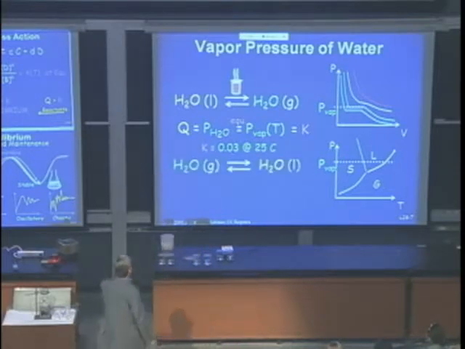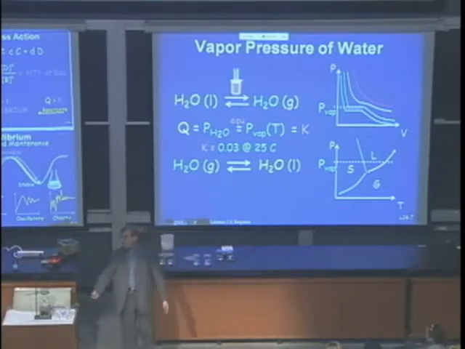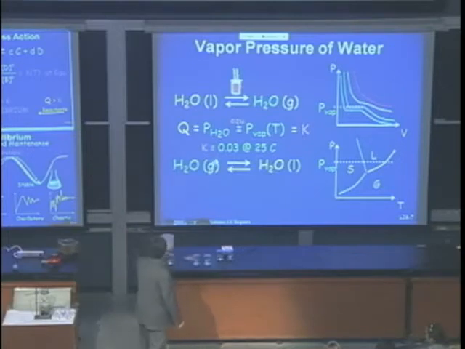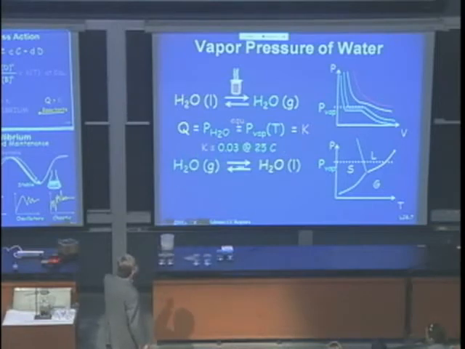So now I can do the opposite. I can define this how I want, but we defined it as products going to reactants. Now if I write it this way, I say this would be my reactant and this would be my product.